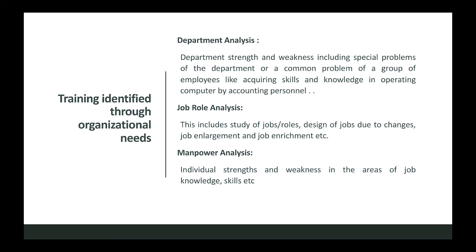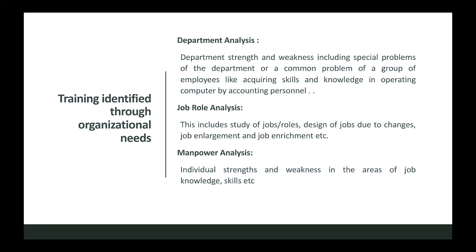So whenever you are coordinating or scheduling any training related to job role analysis, it must be done across the departments throughout the organization. Another one is manpower analysis, where individual strengths and weaknesses in the area of job knowledge and skill are also identified. It's not applicable to all the project managers. It's not applicable to all the team leads.